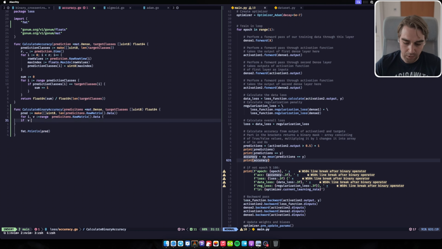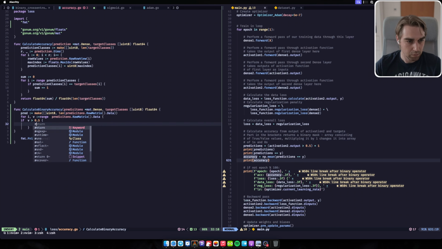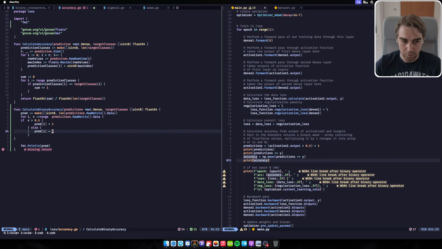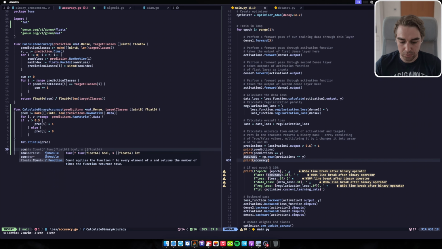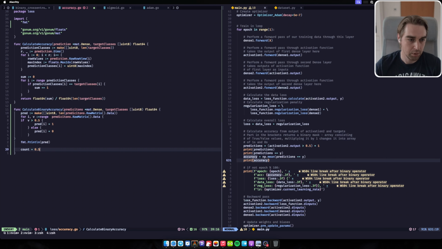Okay, if b is bigger than 0.5, then it equals 1, else 0. Okay. Then I'm calculating the average across successful predictions. So I'm actually using count equal to 0, right?